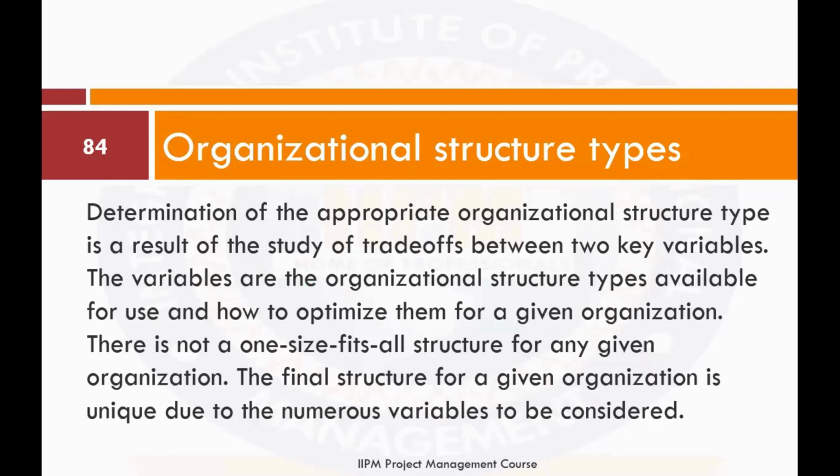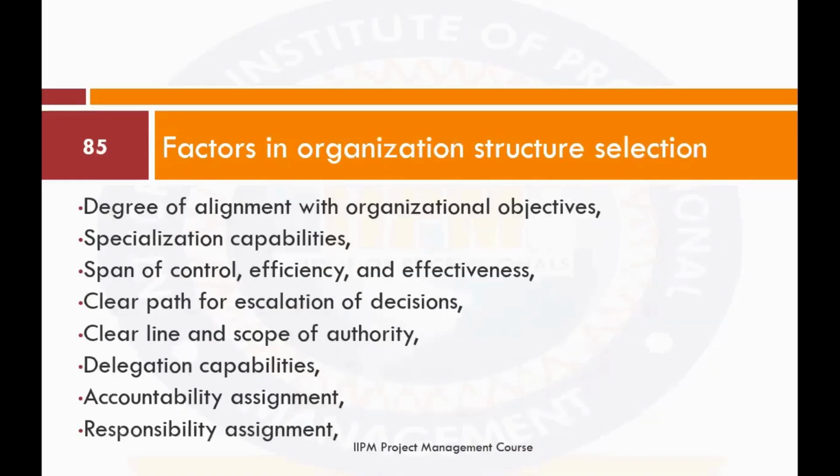The variables are the organizational structure types available for use and how to optimize them for a given organization. There is not a one-size-fits-all structure for any given organization. The final structure for a given organization is unique due to the numerous variables to be considered within the confines of the organization.